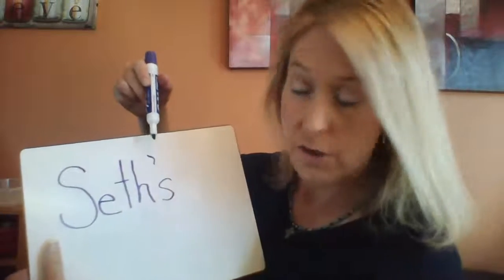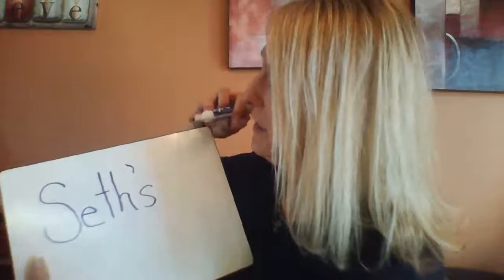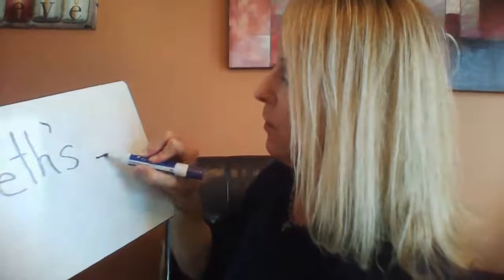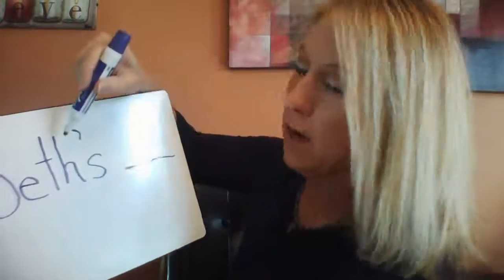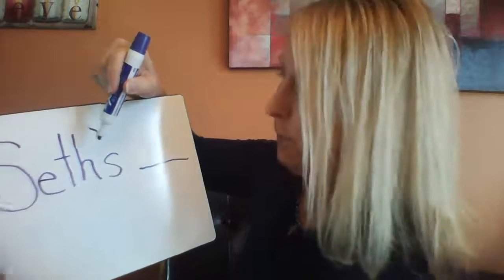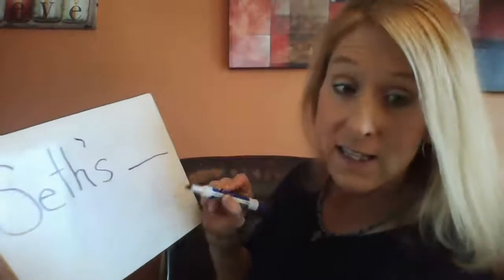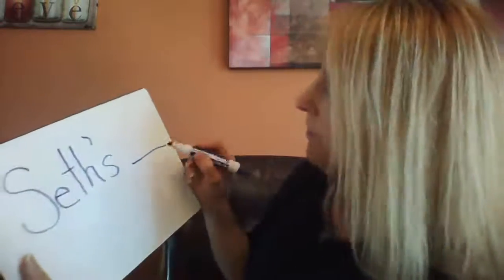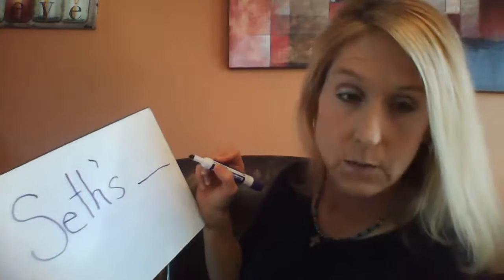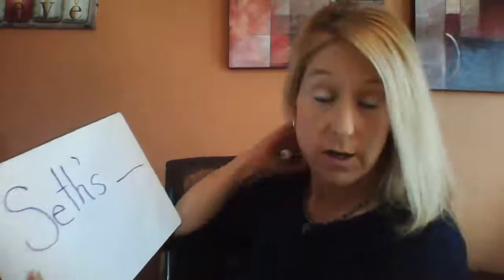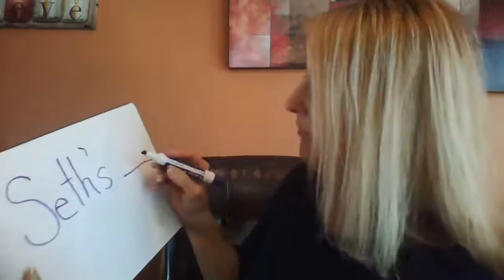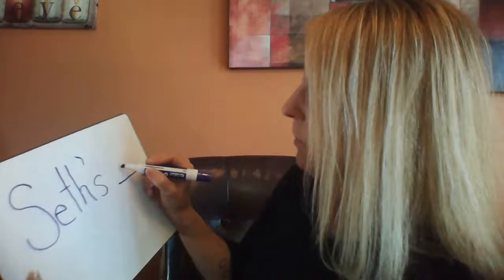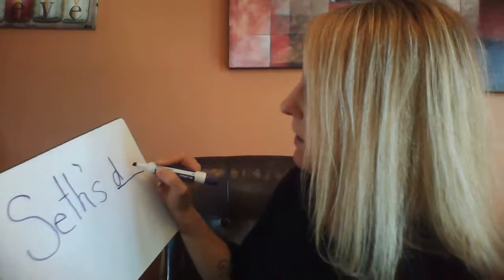S-E-T-H apostrophe S. And it means that whatever's following that word belongs to Seth, refers to Seth. So if it was Seth's dad, remember I think he was getting mad at Seth jumping on the bed past page 10 in our book.